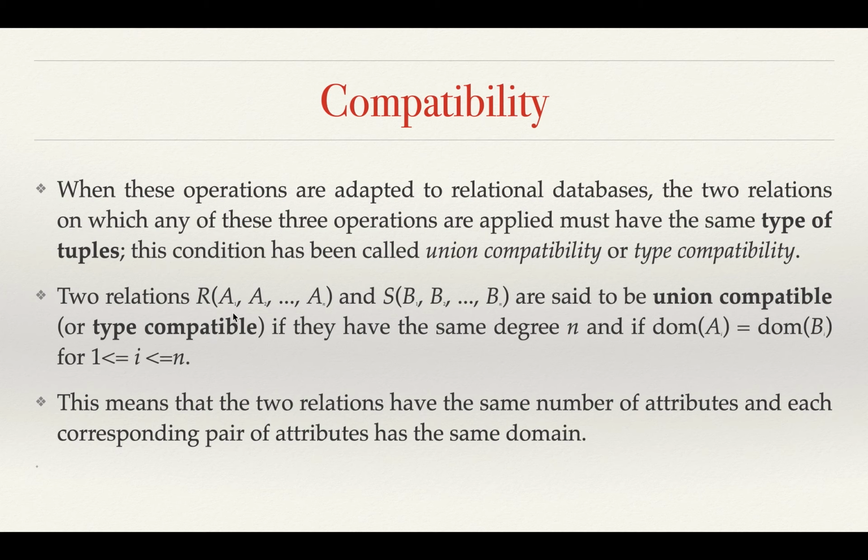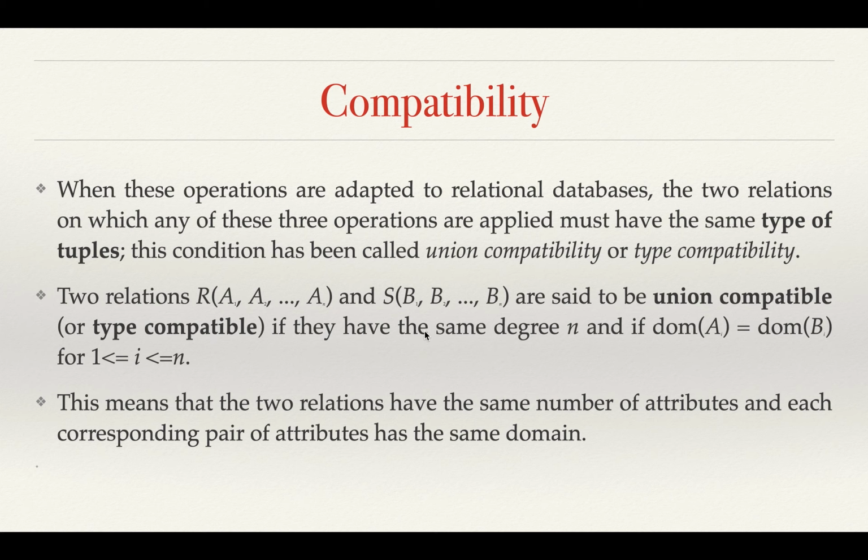Here you can see two relations, R and S. In relation R the attributes are A1, A2, up to An, and in relation S you have attributes B1, B2, up to Bn. So when can you tell that this is union compatible or type compatible?